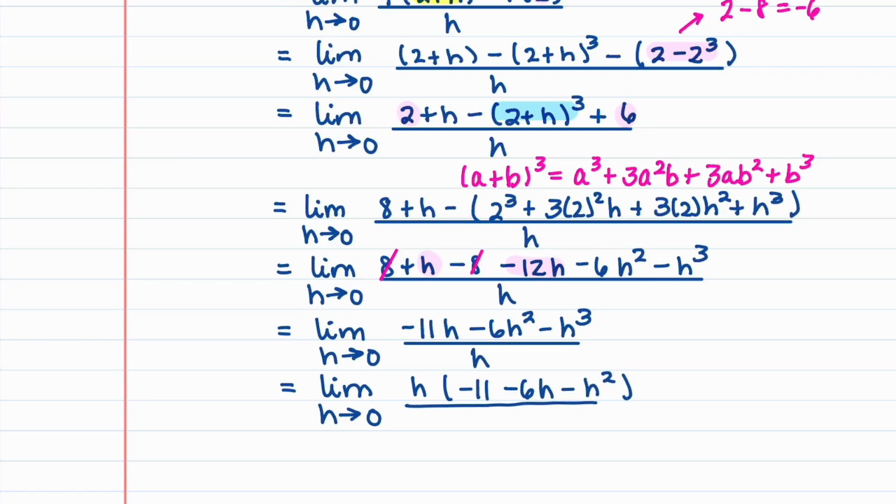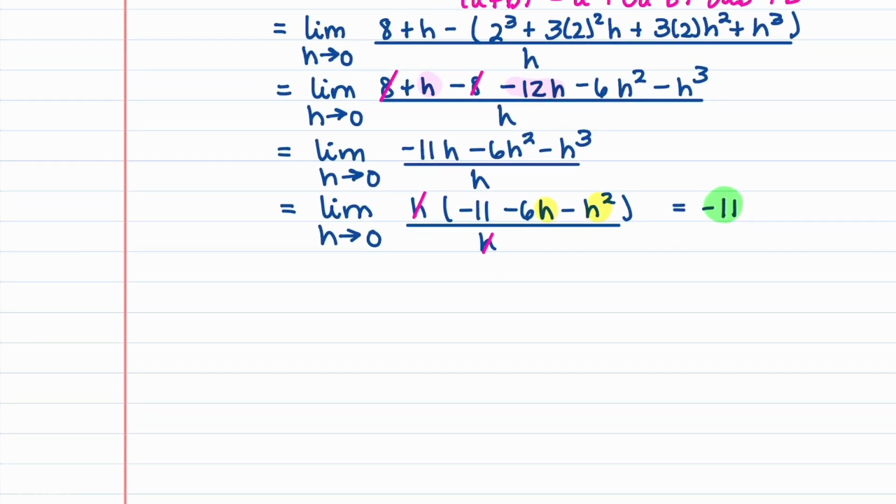We divide all of this by h. And then the nice thing is our h's cancel, and we can go ahead and now substitute in h equal to 0. We set those terms equal to 0, and we end up with an answer of minus 11. And you can see that that agrees with what we got when we used the other formula. In the first formula, we ended up having to use synthetic division, and then in the second formula, we ended up using a cubic.